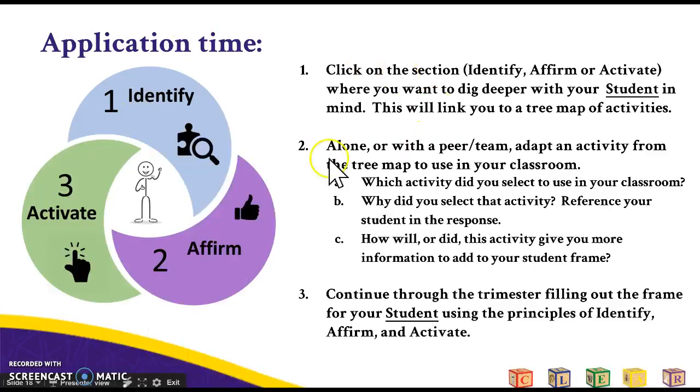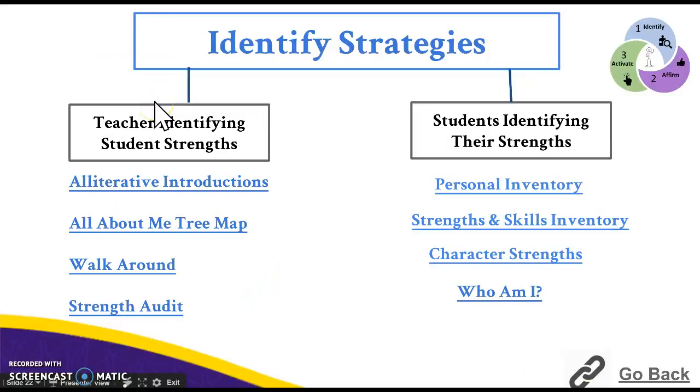Now we're going to look at what you're going to do to finish up this course. So on this slide in the presentation, there are identify, affirm, and activate, and these little parts are links. And they take you to some tree maps that give you some strategies that you can use in your classroom.